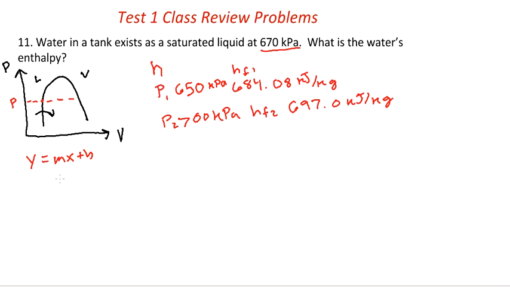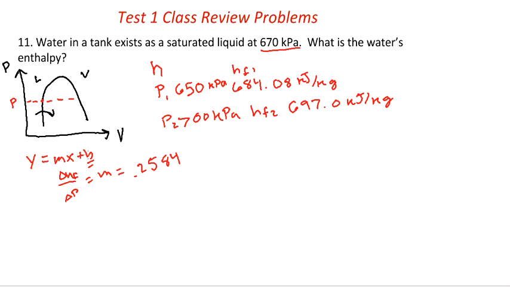So delta hf divided by delta P equals our m, and that is equivalent to 0.2584.